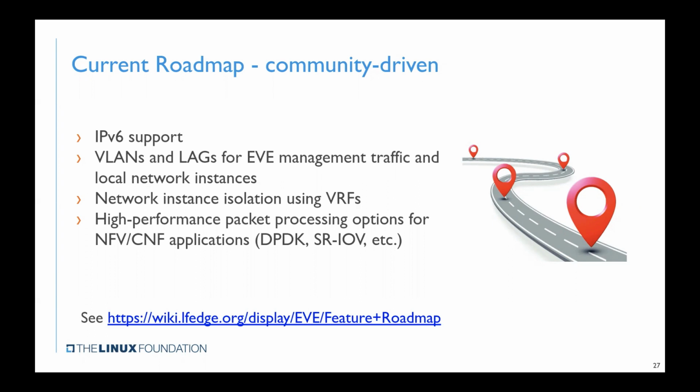One option is that you use the direct assignment of a network adapter, and then you can do whatever you want with that network adapter. But we are also considering whether it would make sense to have support for something like DPDK or SR-IOV inside EVE-OS. And that's all from my side. So now it's time for questions. Thank you.